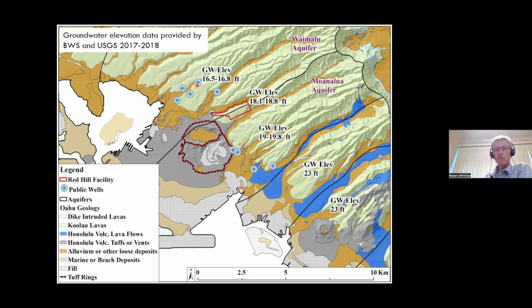Also to the northwest, we have several primary drinking water sources, including the Halawa shaft, which again draws its water from right at the water table.